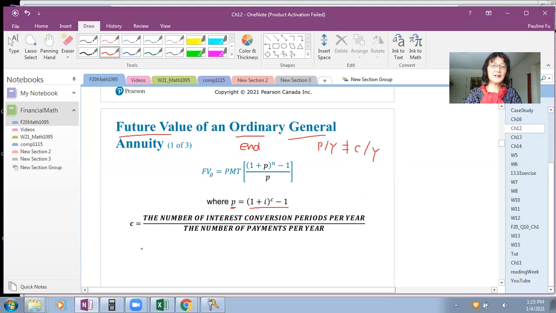C equals the interest conversion periods per year, CY, over PY. This P is the equivalent of the interest rate in an ordinary simple annuity. So whenever the ordinary simple annuity formula has I, you plug in P, because here we have a general annuity.